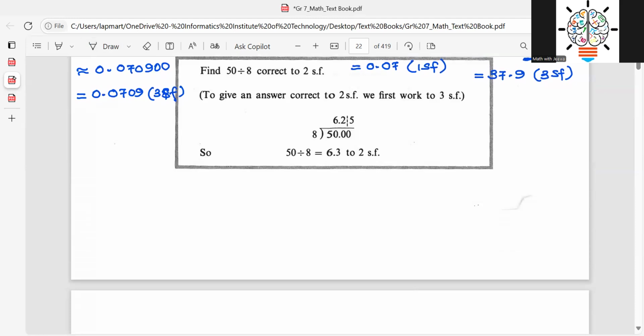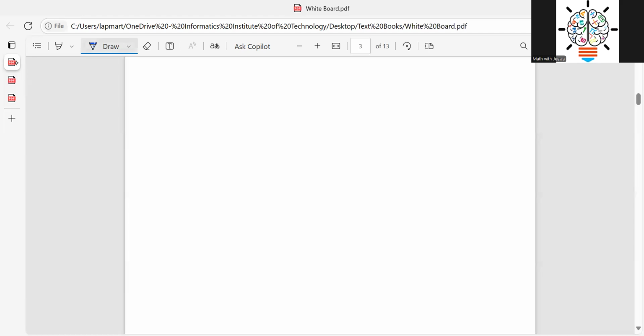The next thing, let's say you have a question like this: 50 divided by 8. Now this part you want to write in your theory book, children. Take the theory book, put the date, and write down this example. Let's say you have 50 divided by 8 and you want to write the answer here.